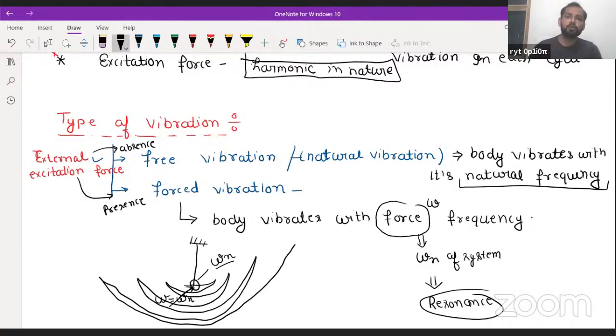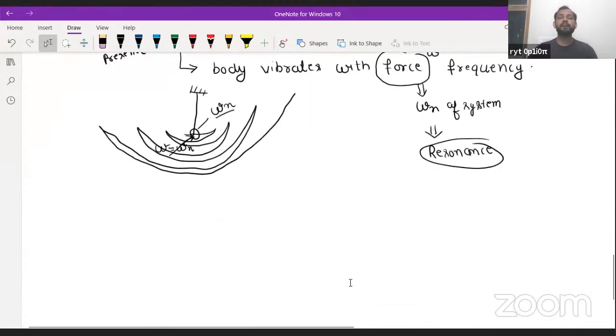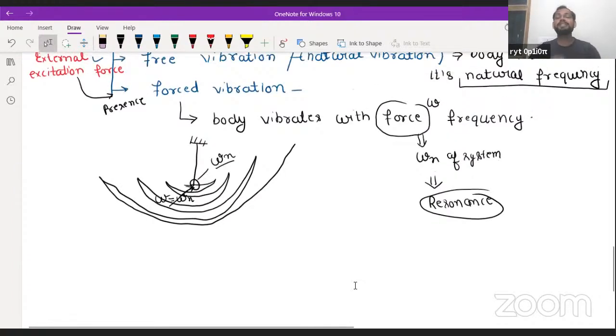Is it clear to you or not? So we should always avoid such type of resonance frequency. I hope you have heard that in foreign there was a bridge which collapsed due to this resonance phenomenon. Why resonance? Because when they constructed the bridge at that time, they had no idea about vibration.